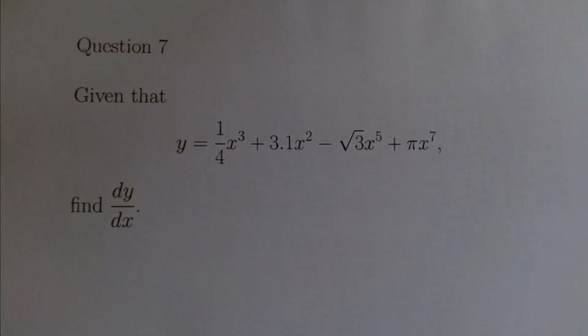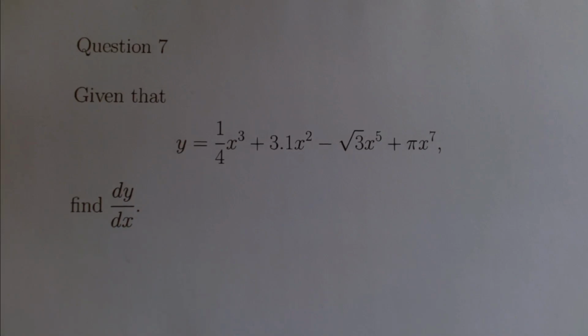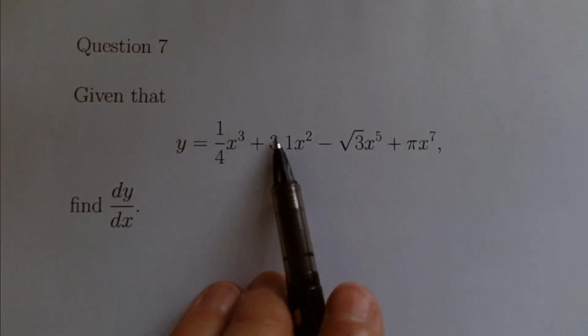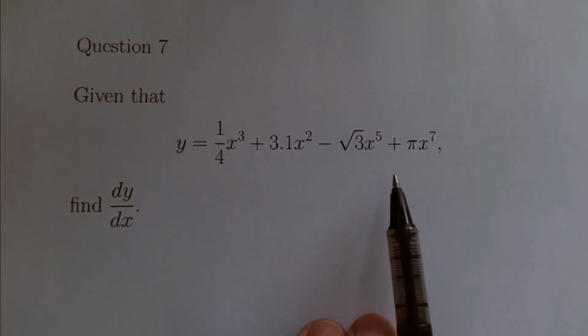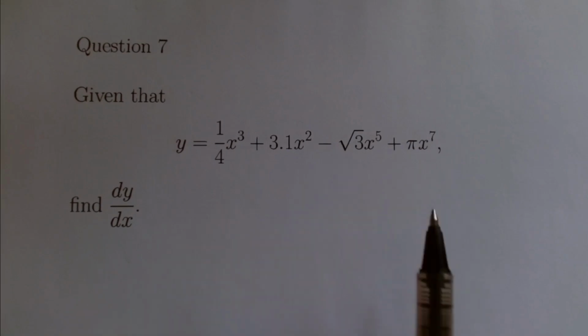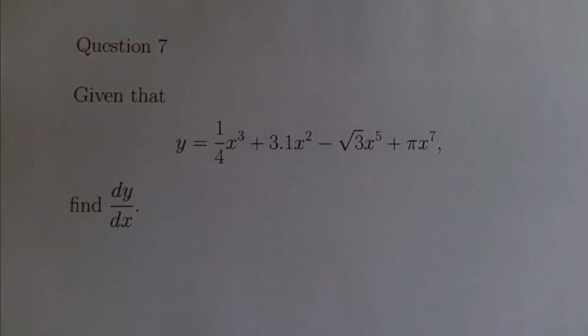Okay, question number 7, we're given this polynomial and we have to differentiate it, and it contains a fraction, a decimal, a surd, and a transcendental number, pi, but it makes no difference. We just use the same rules, the powers come down.